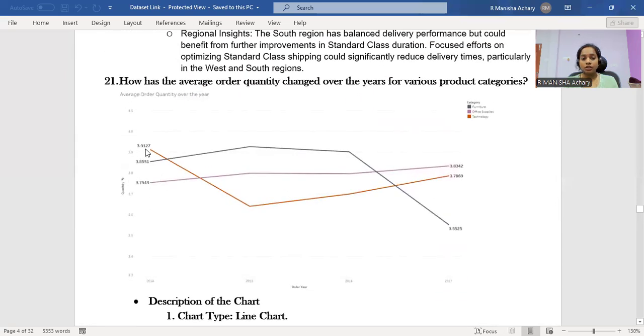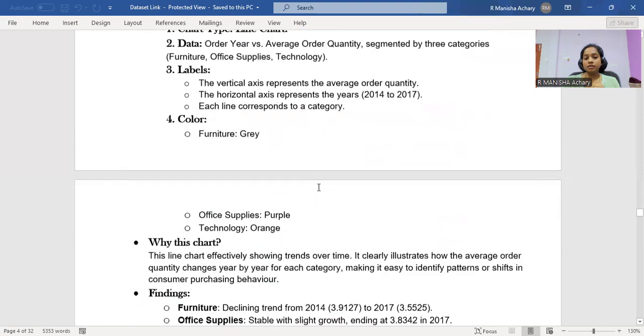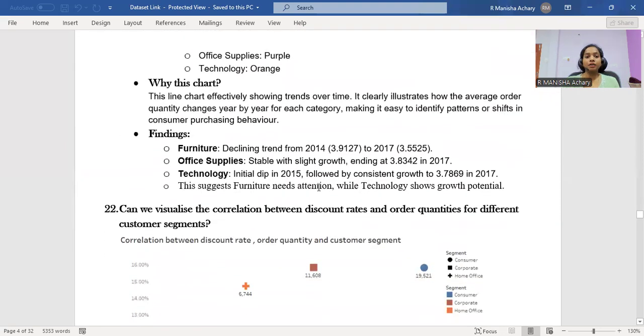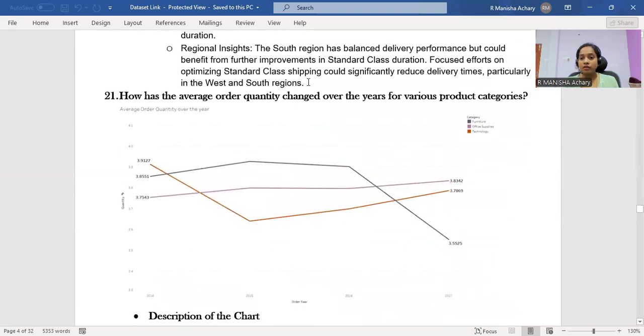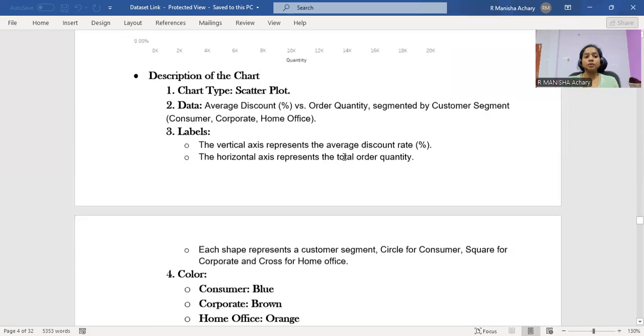It dropped suddenly in 2015, then grew little by little. This suggests furniture needs attention, while technology shows growth potential. Technology has growth, so it is okay.